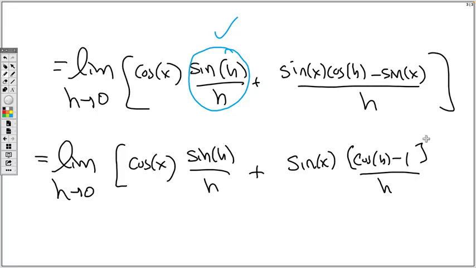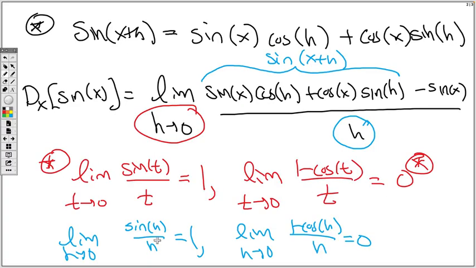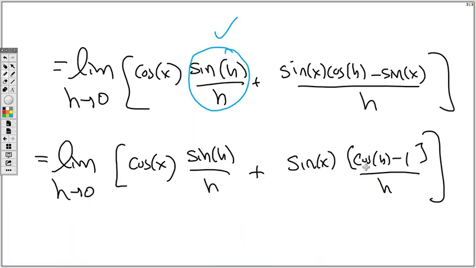Okay. Now if I go back and look at the limit I know about, sine h over h, I know about 1 minus cosine h over h. You follow? So how could I turn this cosine h minus 1 into a 1 minus cosine h? What could I do? I could factor out a negative 1. So instead of factoring out like a plus sine x, I could factor out a minus sine x. And so that's what we'll do.